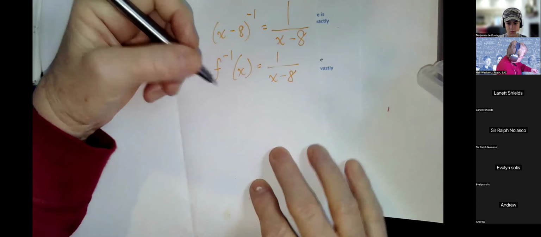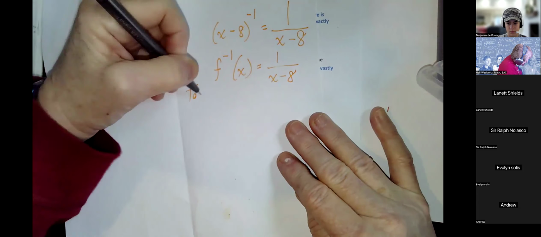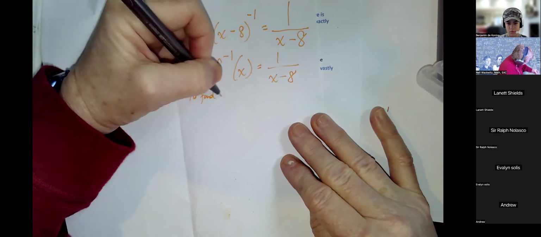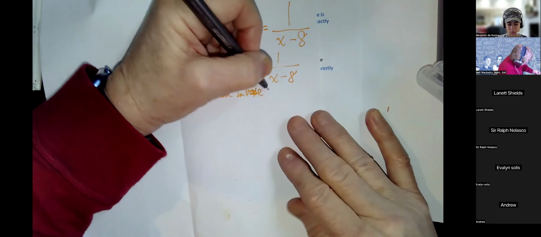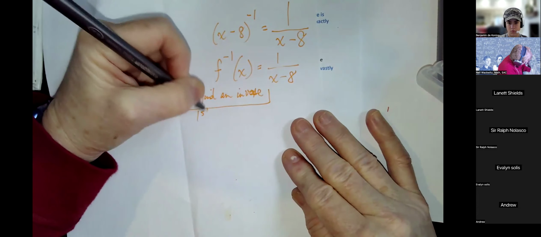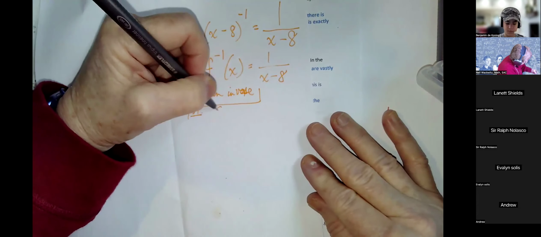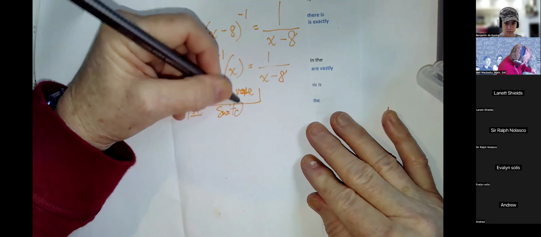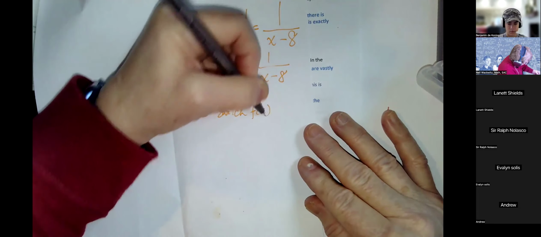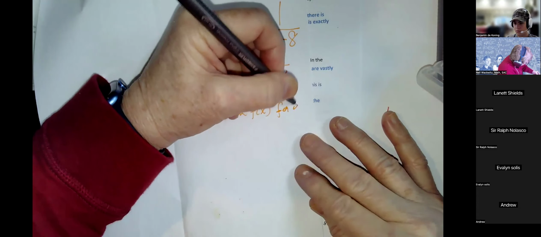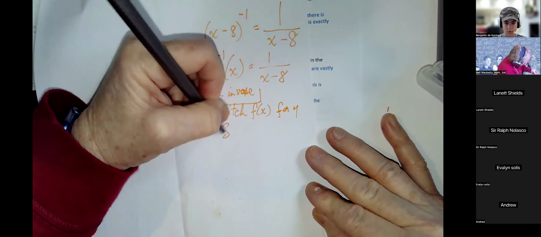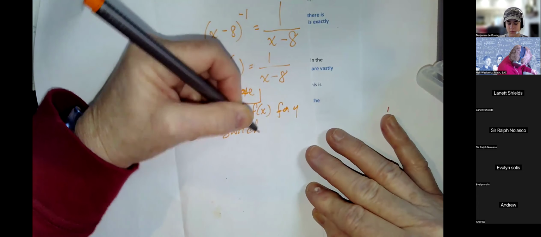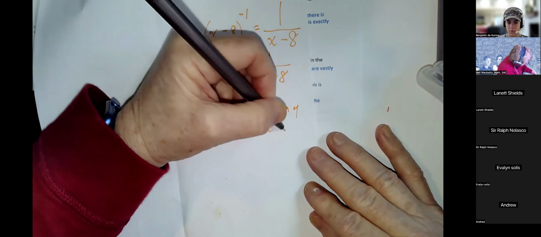Well, I guess I didn't list those steps. Okay, that's fine because I'll list them here. So to find an inverse, first you switch f of x for y. Then you switch out all x's and y's.